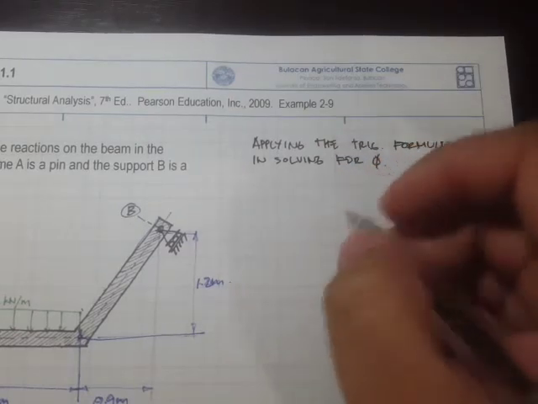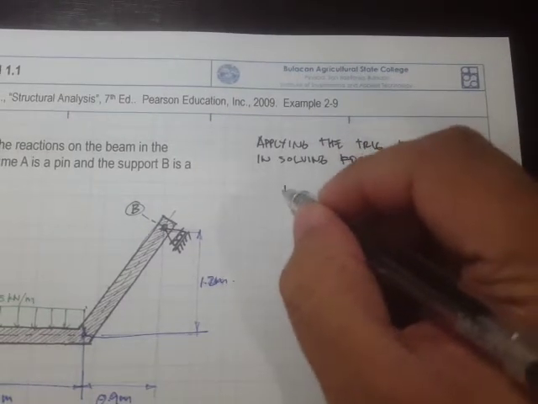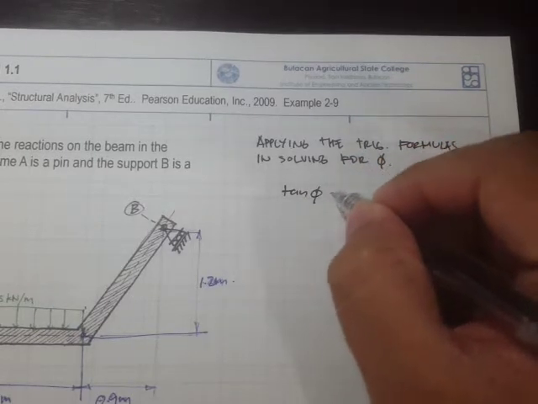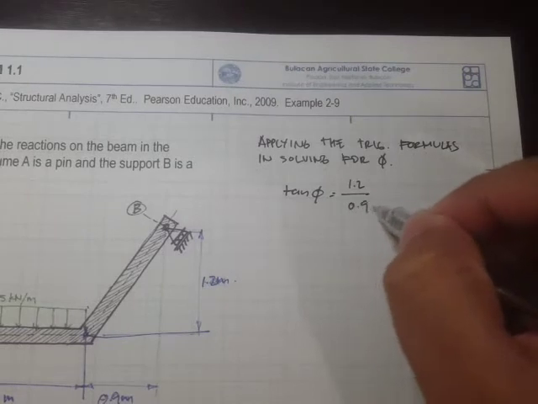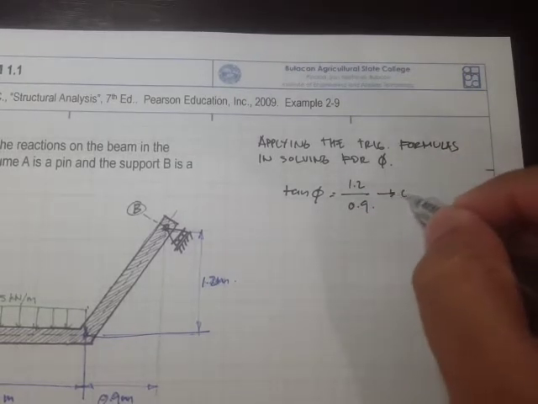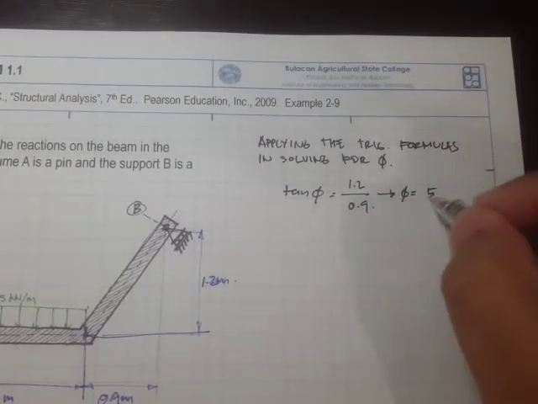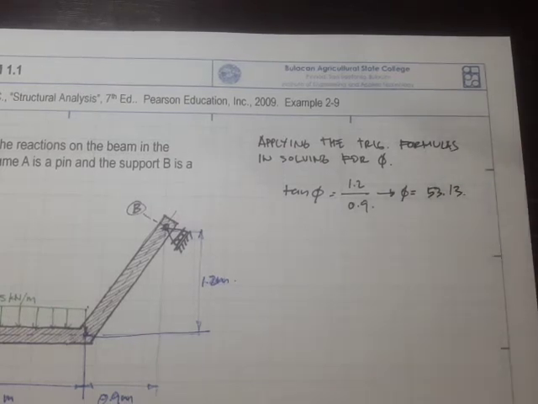Our angle is simply tangent theta equals 1.2 over 0.9, so theta is equal to 53.13.